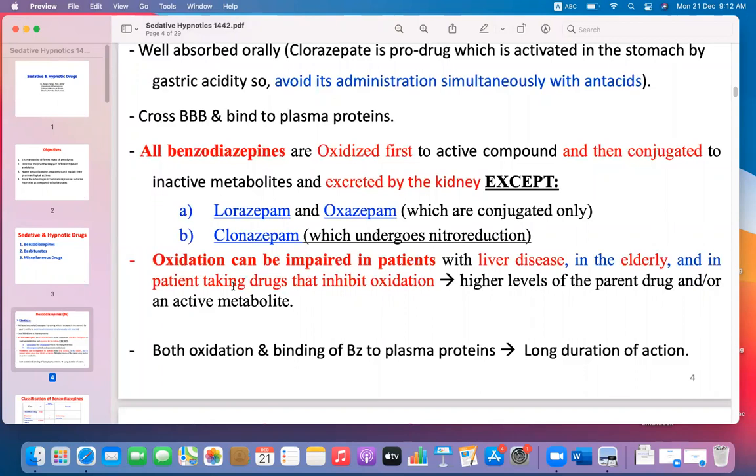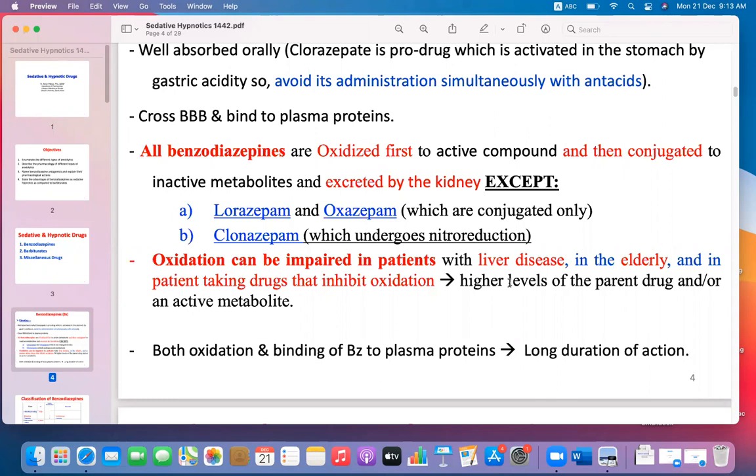But if the person has liver disease, the metabolism is not done properly and oxidation will be impaired, generally in the elderly. This medication is also generally indicated in the elderly due to some CNS disorders.